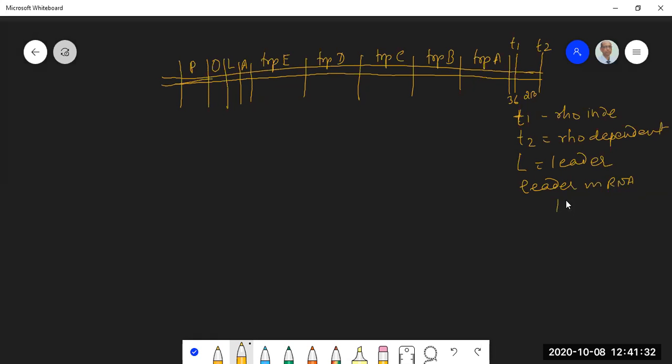It is about 162 nucleotides, and this leader mRNA is translated into a 14 amino acid leader peptide. And next to the leader, there is a sequence called the attenuator. A stands for attenuator.